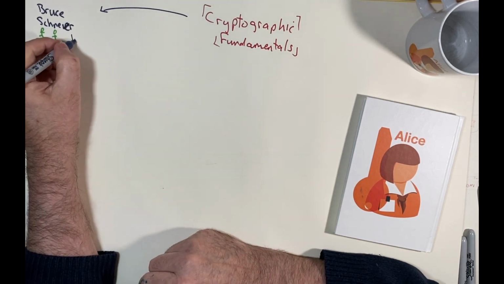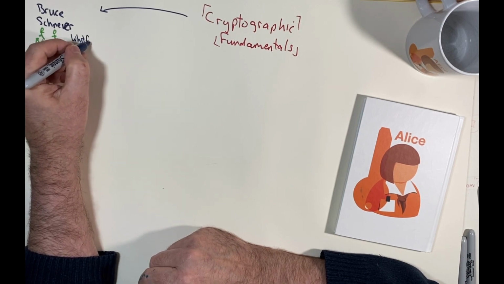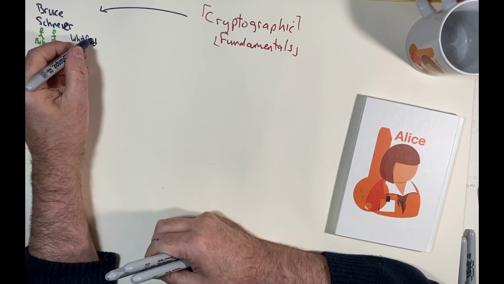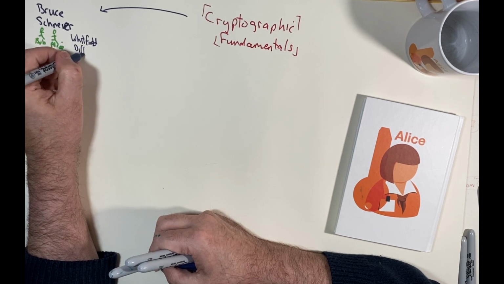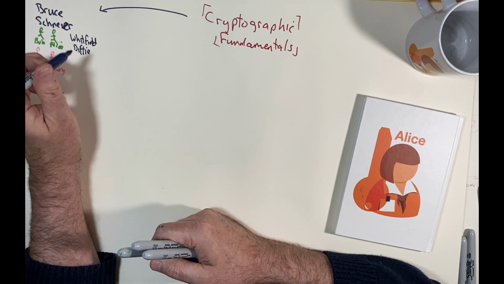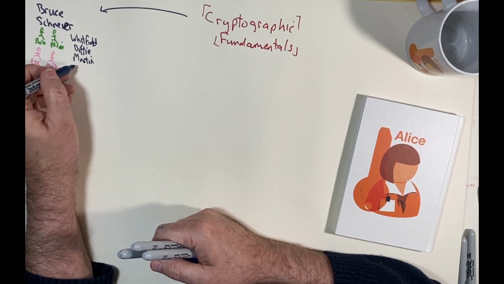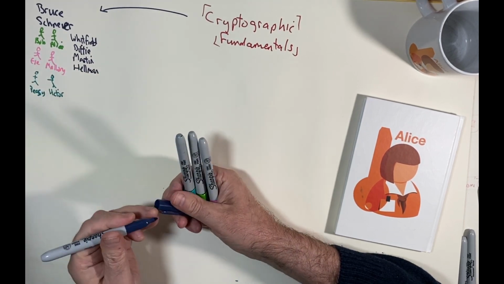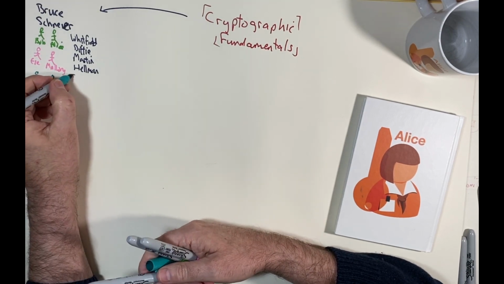But it was Whitfield Diffie and Marty Hellman who laid out a core principle of the Diffie-Hellman key exchange method. In 1978-79, they defined a method that allowed Bob and Alice to communicate openly and end up with the same encryption key.